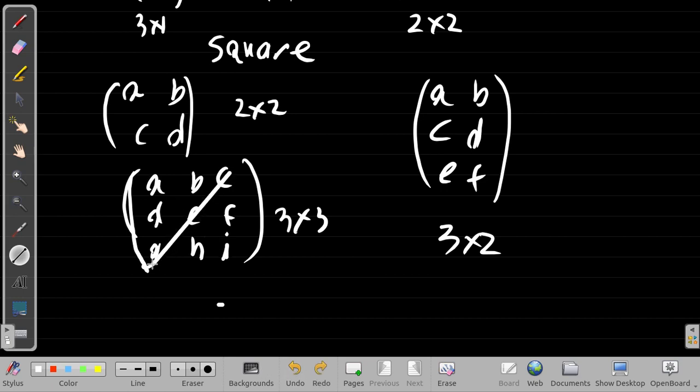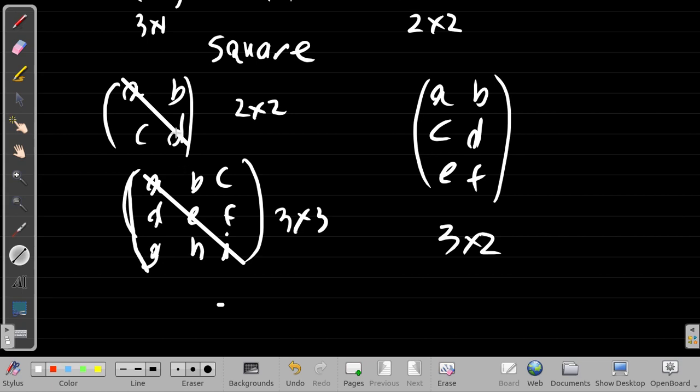And this now is the non-leading diagonal, lower left to upper right. But when they say diagonal, I mean the leading diagonal.